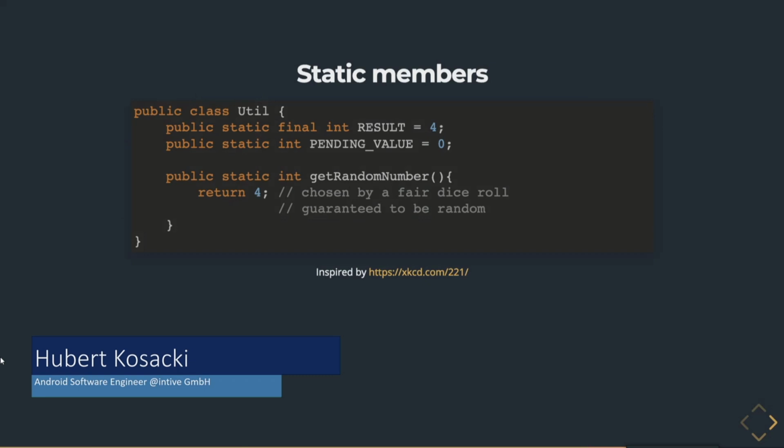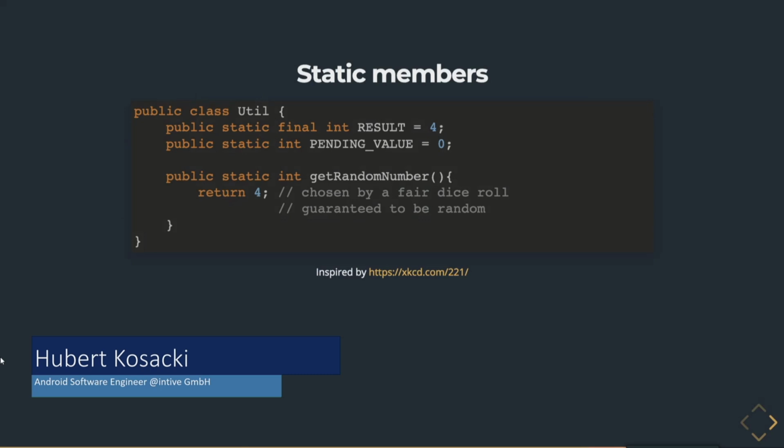So let's have a closer look at the structure of this class. Let's assume we have here a static final value that is the result, some static non-final value that is a pending value, whatever that is, and some method that returns us this random number we would like to get.